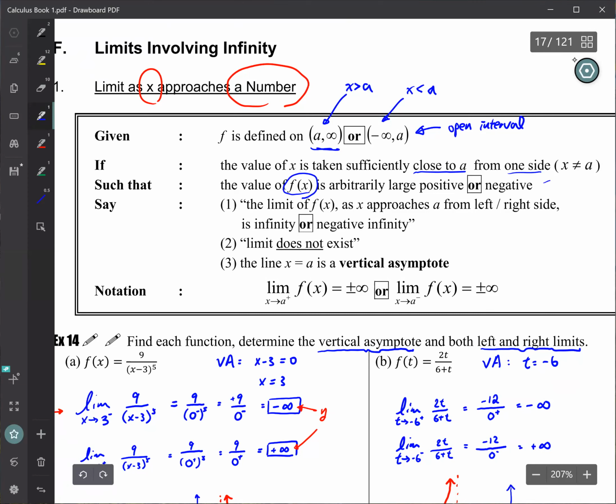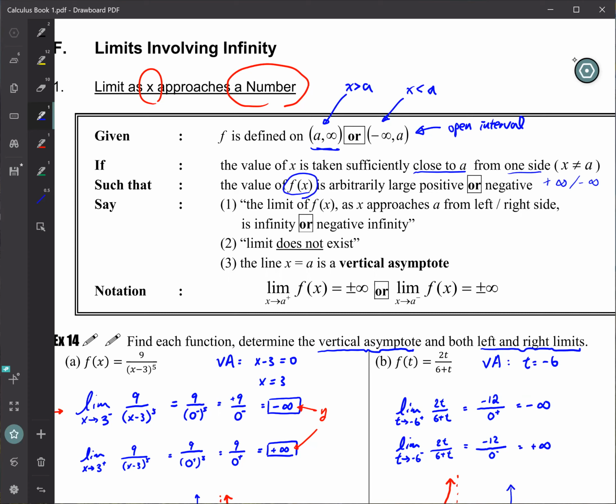That means positive infinity or negative infinity, in words. Then we'll say the limit as x approaches a from the left or from the right is infinity or negative infinity. Or you can just say DNE. But here we get more detail out of it. You can figure out it's going up or down.